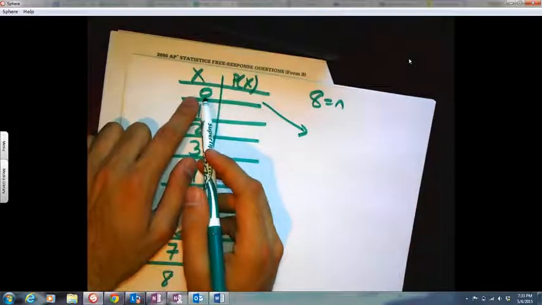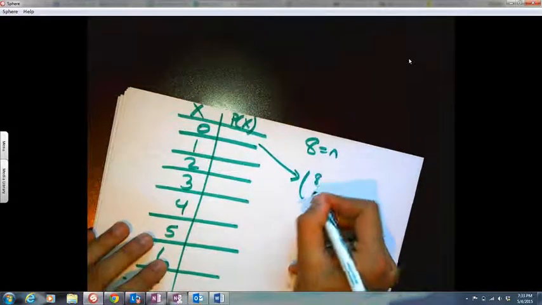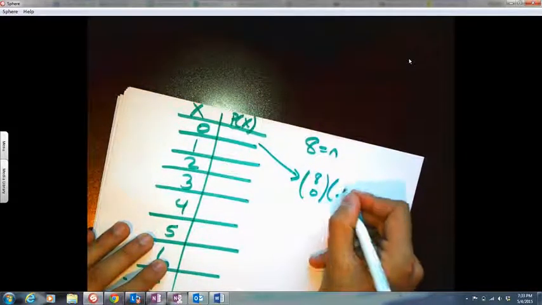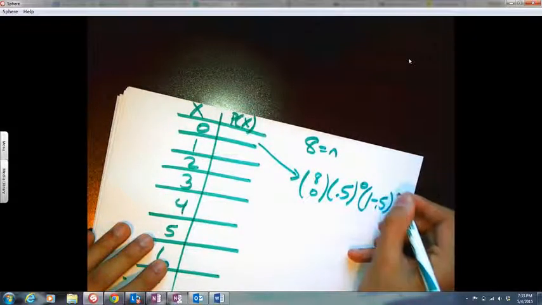So using binomial, what's the probability of preferring 0 citrus? Well, remember binomial. You've got to look back at your chart. They give me the binomial formula right here: n choose k, p to the k, 1 minus p to the n minus k. So 8 choose 0, p is 0.5 to the 0 power, times 1 minus 0.5 to the 8th power.